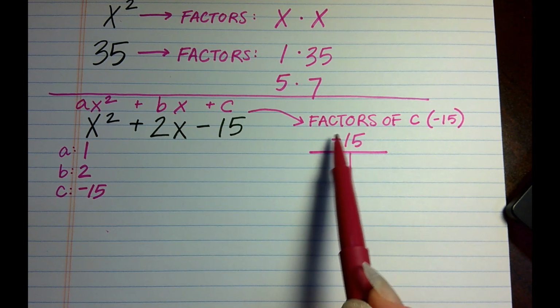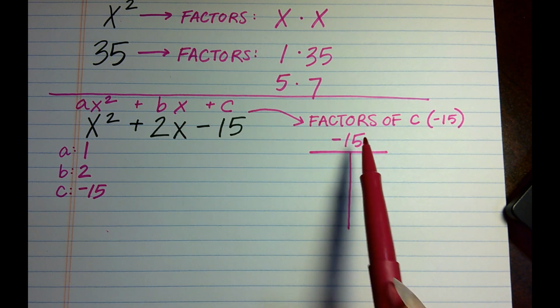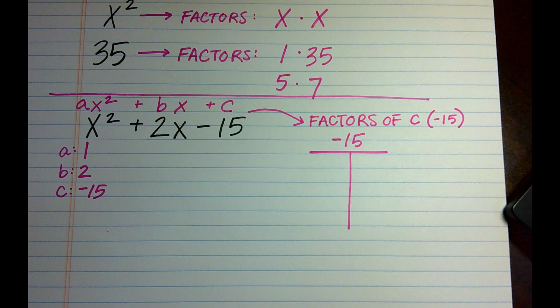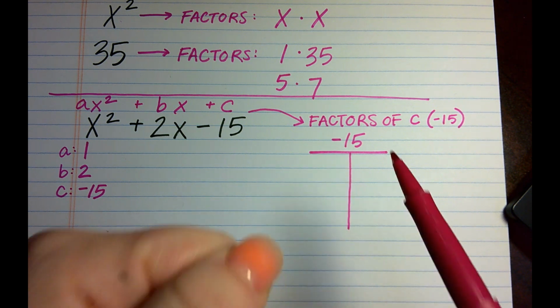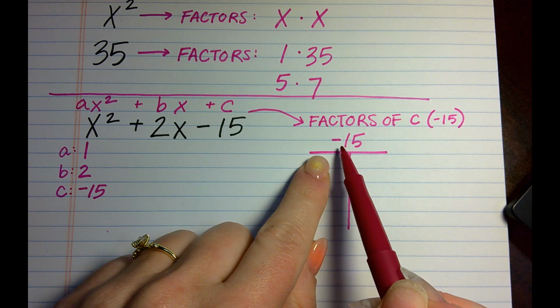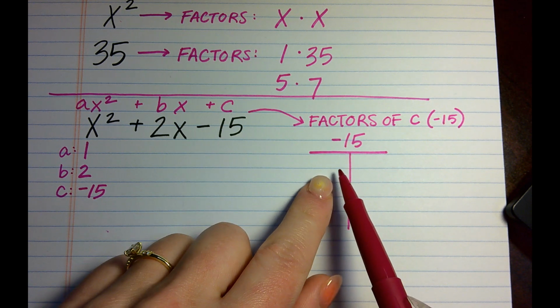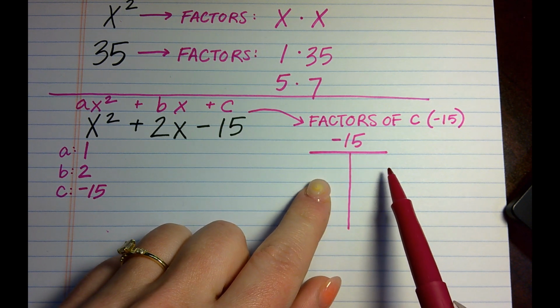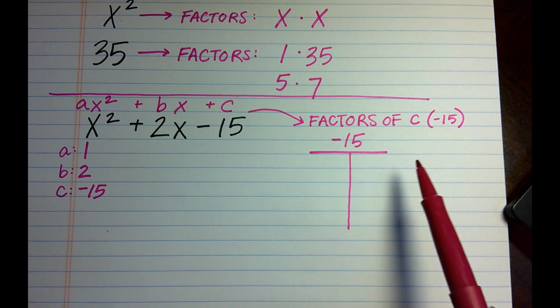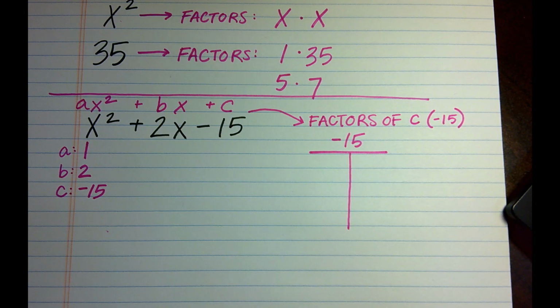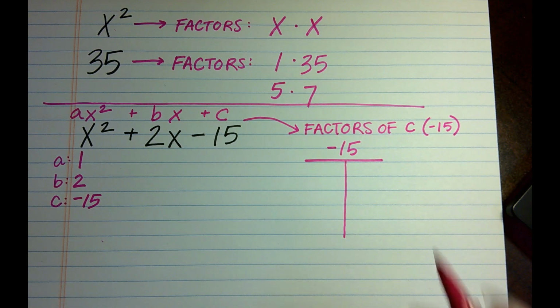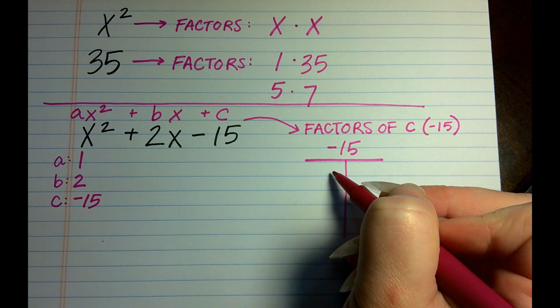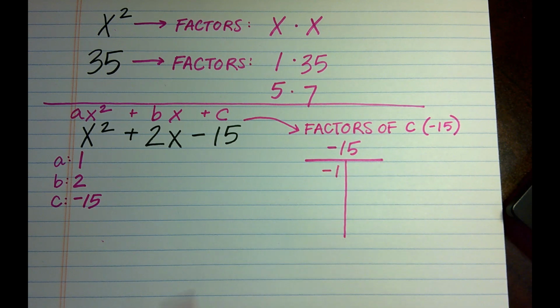Now, if I have a negative number, I have 2 possible ways to end up with that as my product whenever I multiply. I could either do a negative times a positive or a positive times a negative, right? We have to have different signs. So let's start with negative 1.